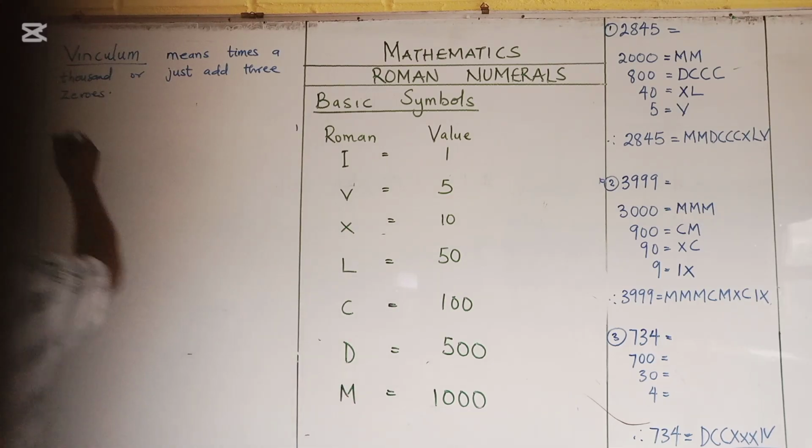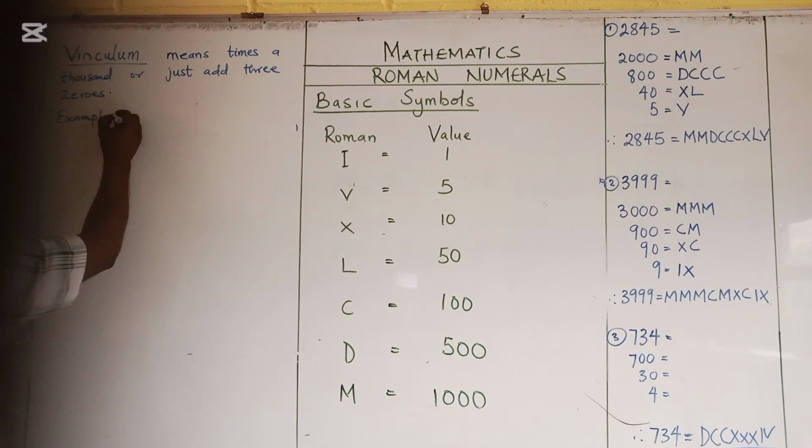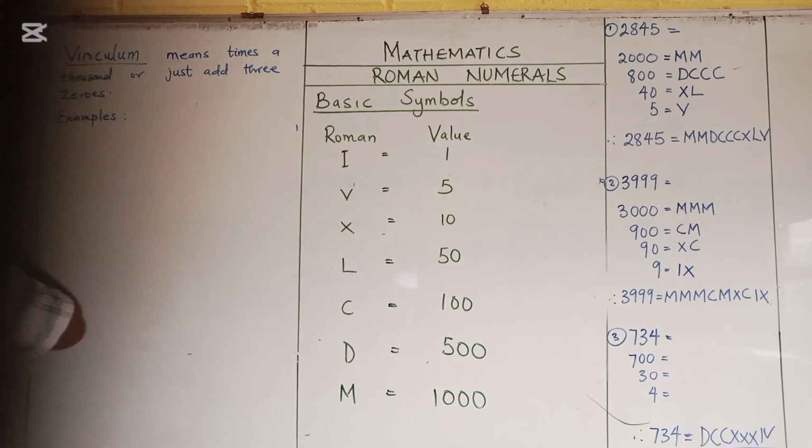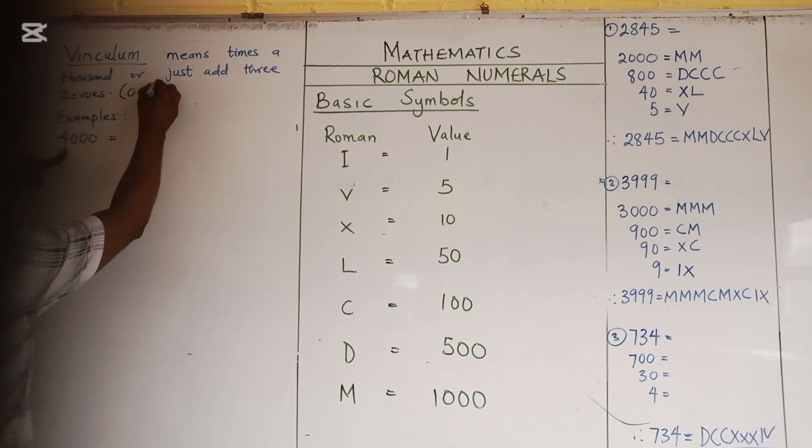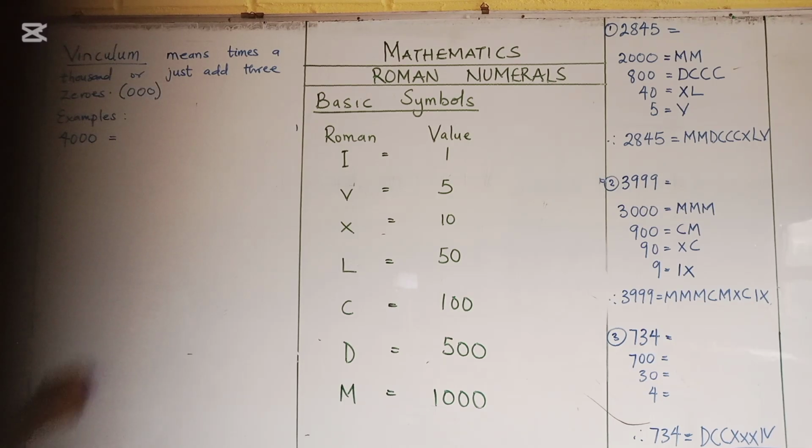For instance, example, if I want to write 4,000 in Roman numeral, then I will just ask myself, this is 4. These 3 zeros, 1, 2, 3, is the vinculum, the bar.